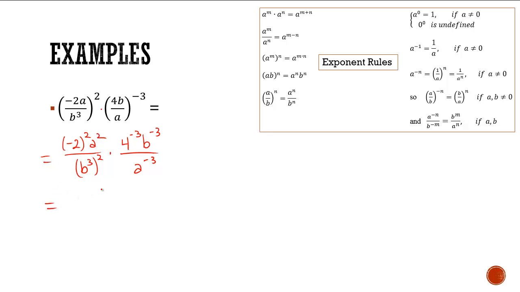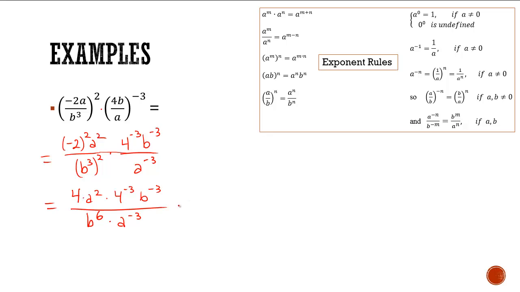And let's compute that. So negative 2 squared, we can say that's 4. There's an a squared. Now there's a times here, but everything on top is being multiplied together. So let's just write it like that. 4 to the power of negative 3, b to the negative 3. And then b to the 3 to the 2 gives us b to the 6, and a to the negative 3.